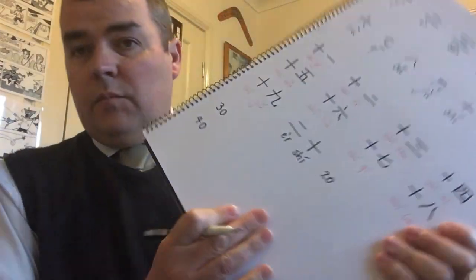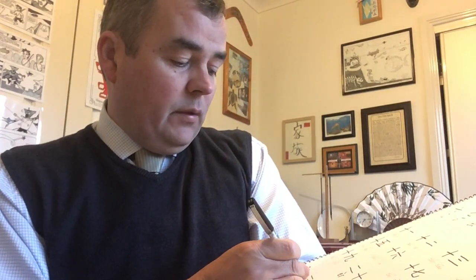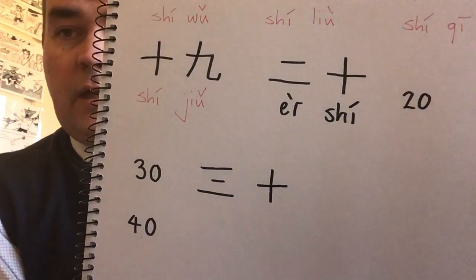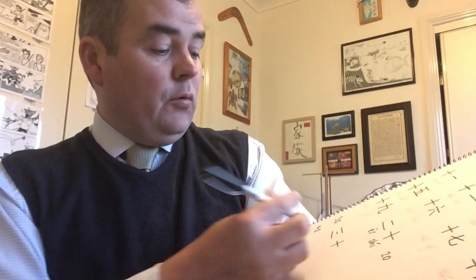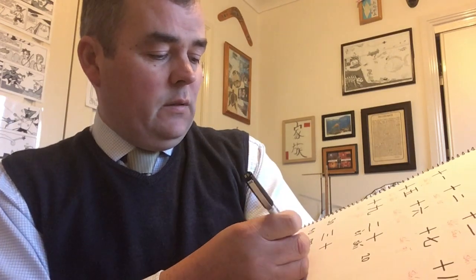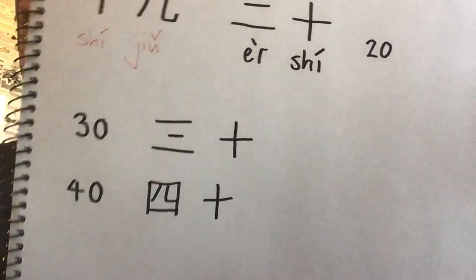So for starters, if I was going to do the number 30, I'm just going to write 30 and 40 here, just in the numbers we use. Now, for these ones we only need 2 characters because you're writing 3 tens, 三十, which is 3 tens, and then we have 4 tens. 40. Okay. 30, 40.